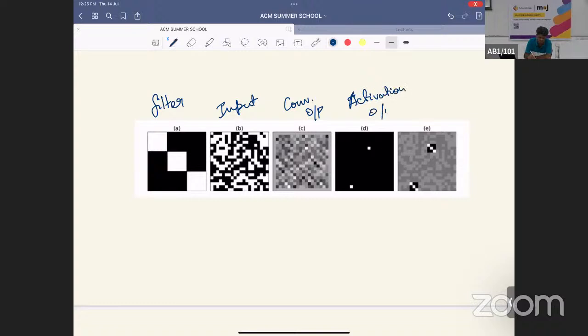This is the activation output, and this is the region you identify. You can see that this has 1 and this is 0. You can find a similar pattern somewhere here, so you get a strong output here. Similarly, somewhere here also you get a similar thing.